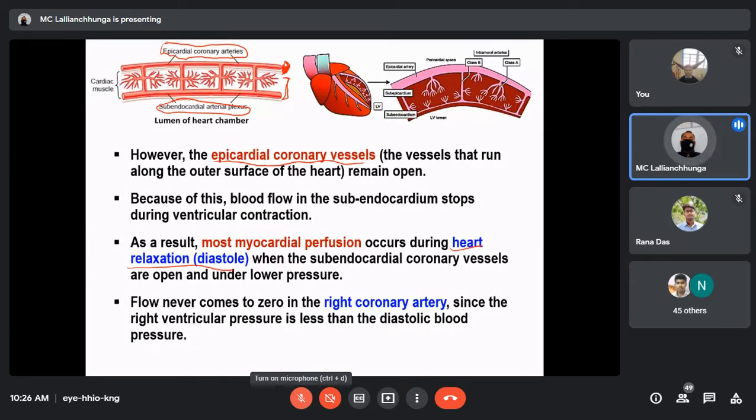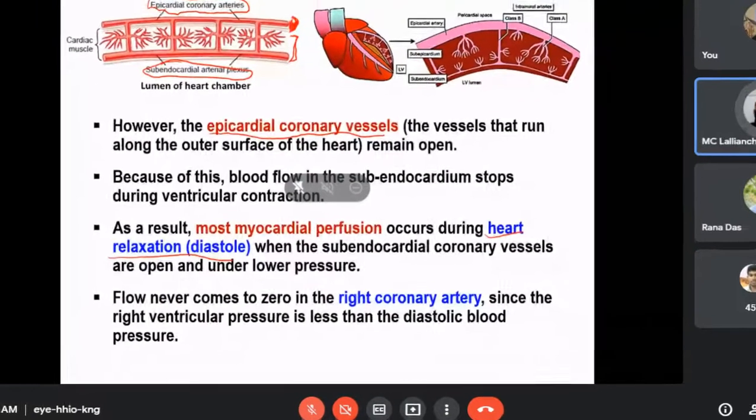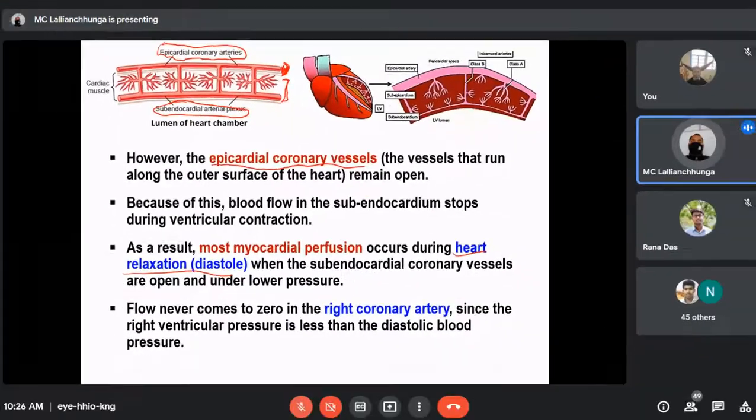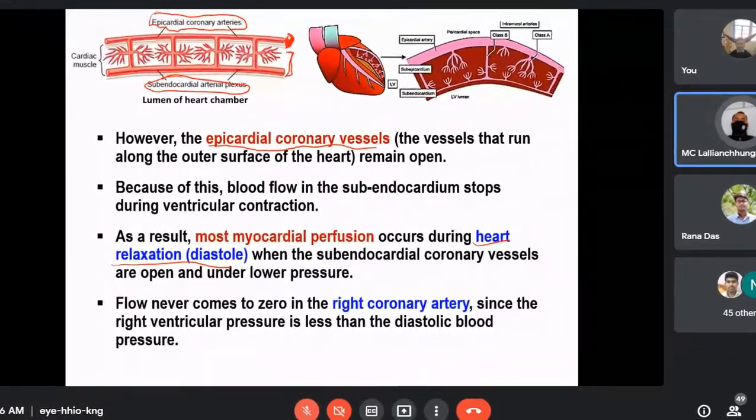Blood flow never comes to zero in the right coronary artery since the right ventricular pressure is less than the diastolic pressure. So in this region, it does not mean that there is zero blood supply, but it is at a minimal level.